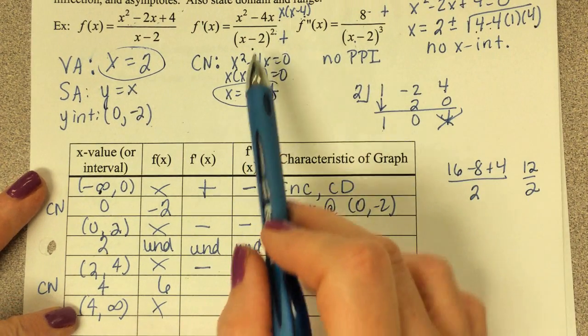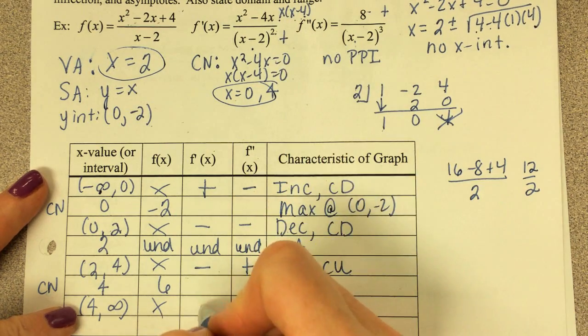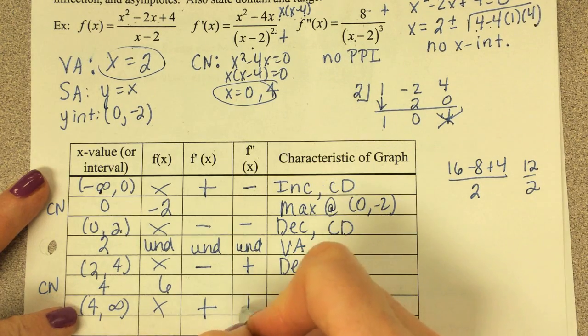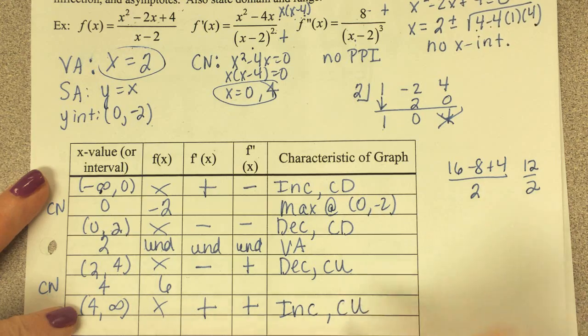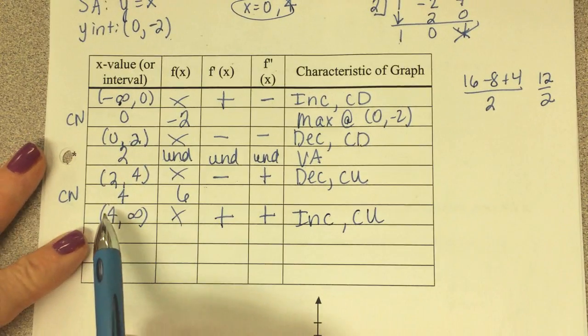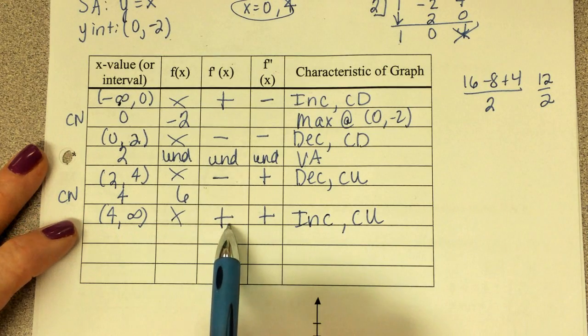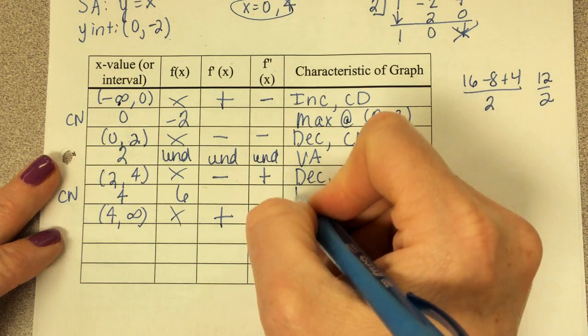Plugging 5 into our first derivative, that's going to be positive and positive, that's a positive. 5 into our second derivative is also positive. So it's going to be increasing and concave up. What's 4, 6 going to be then if we go from decreasing to increasing and it's a critical number? Minimum.